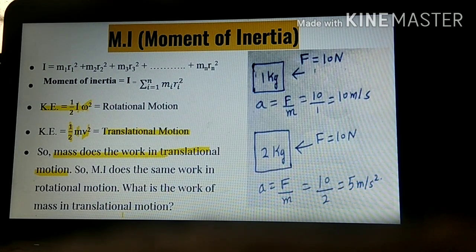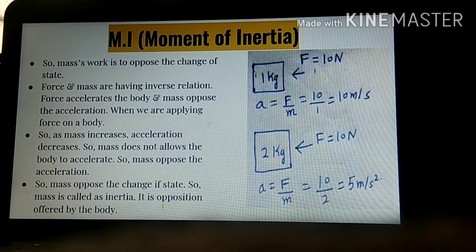Now we will see what type of work mass is doing in translational motion. You can see this photo. Over here, mass m1 is there, the mass is 1 kg. If we want to displace this mass of 1 kg by a certain distance, we are applying a force of 10 Newton. So the formula for acceleration is F upon m.